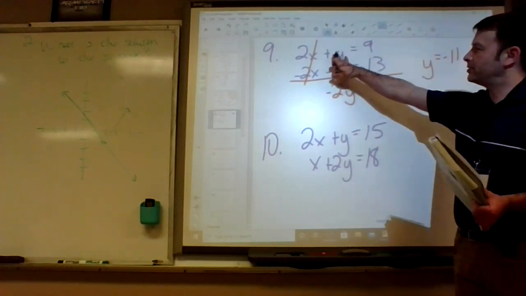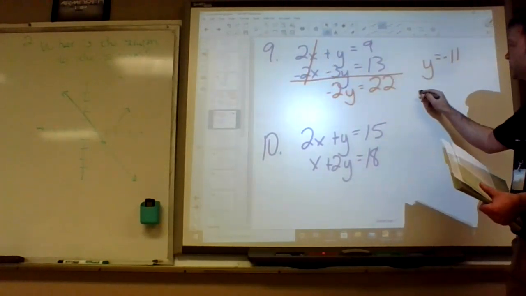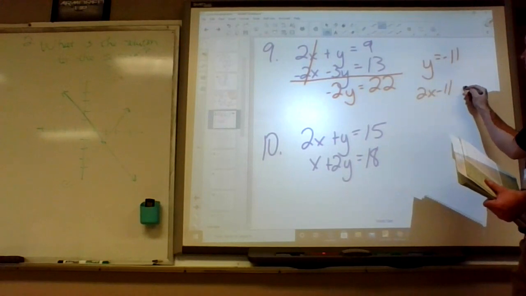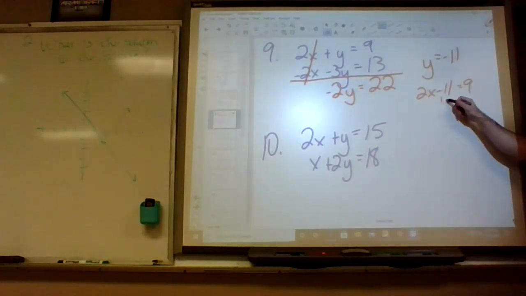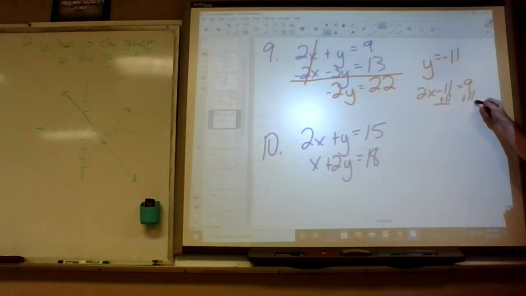Plug that back into the top equation, you get 2x minus 11 equals 9. So you add 11, get 20, 20 divided by 2 is 10.